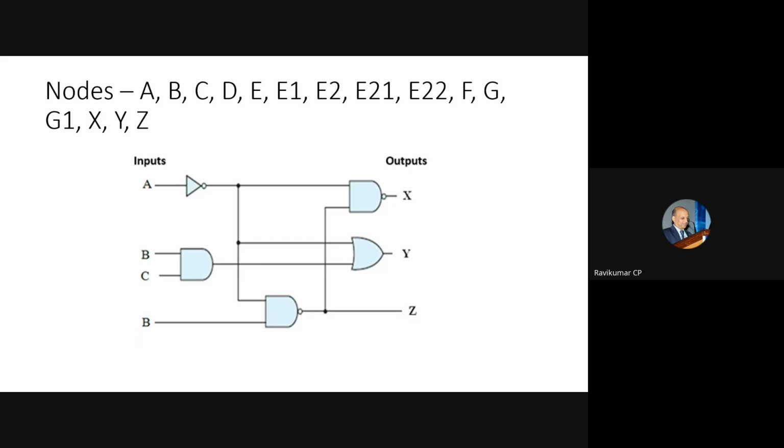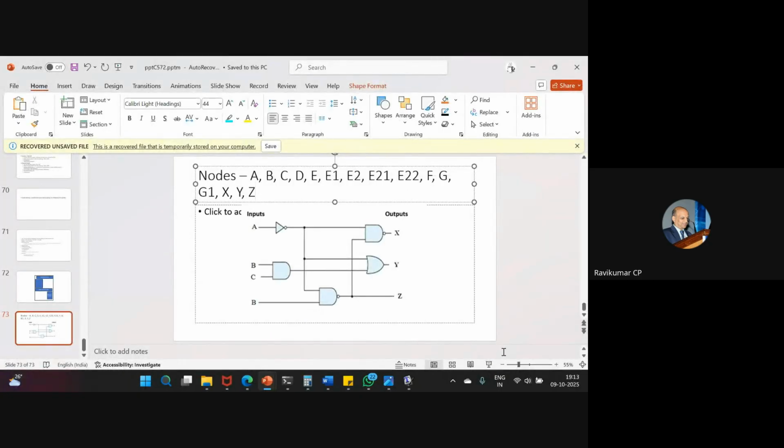Yes, sir. Out of them, only one is not faulty. That is when none of the nodes are stuck at 0 or stuck at 1. That is the good circuit. It doesn't have any fault. So there are 3 to the power 15 minus 1 faults, which are called multiple stuck at faults.